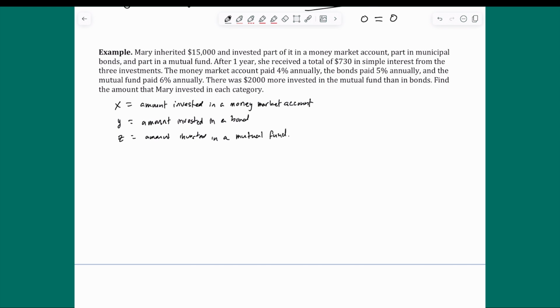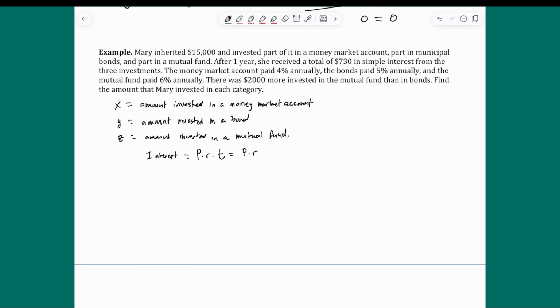All right, we're talking about simple interest here. So for simple interest, the formula is the principal, how much you invested, times the rate, times how long. So clearly this is 1 year, so t equals 1, which leaves us basically with how much money we're investing times the rate.